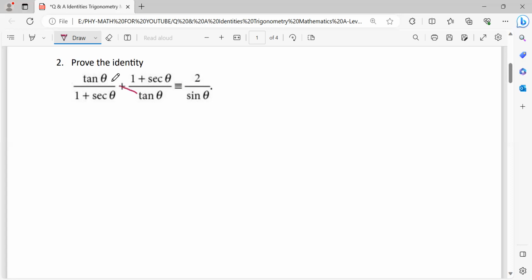But we should multiply first, tangent times tangent, 1 plus secant times 1 plus secant.